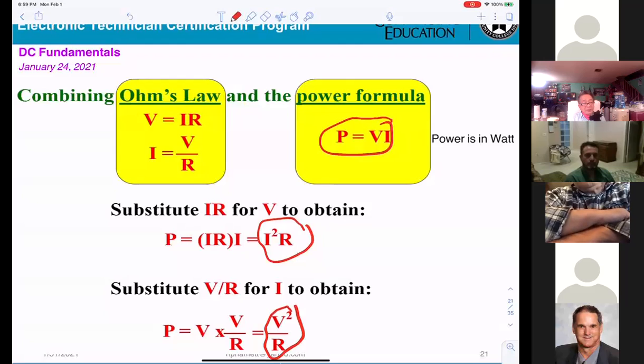When current flows through the resistor, it will get hot. That means electrical energy is converting to heat. If you want to know the power dissipation in the resistor, you can use this kind of formula.